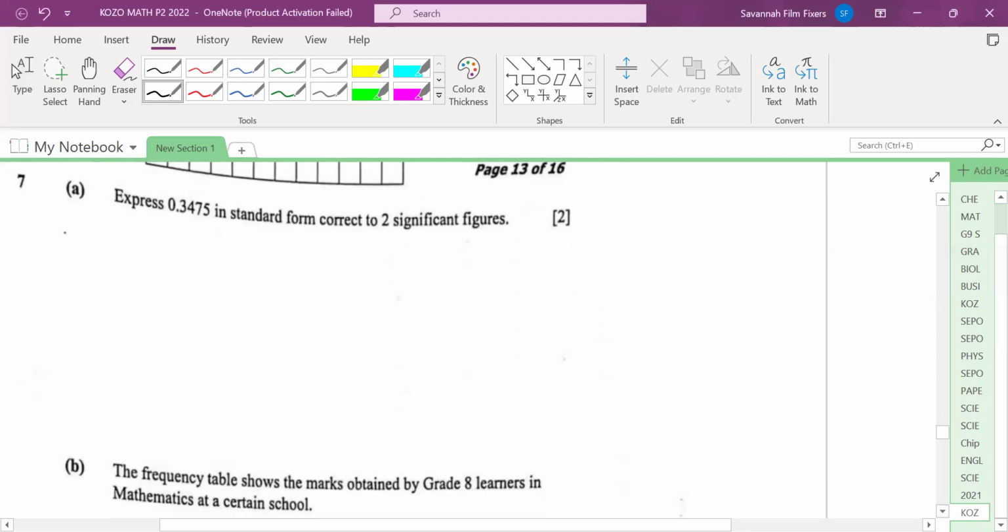Okay, so express 0.3475 in standard form correct to two significant figures. So what should I do here?